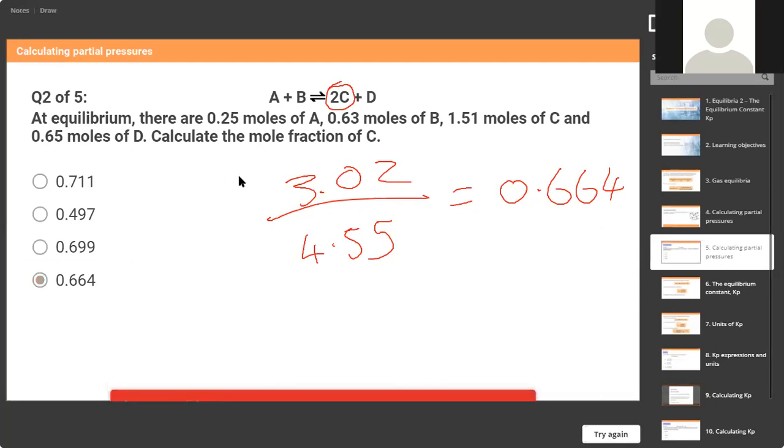Oh, have I done that and I've not needed to do that? 0.25 plus 0.63 plus 1.51 plus 0.65 is 3.04. 1.51 divided by 3.04 is 0.96.